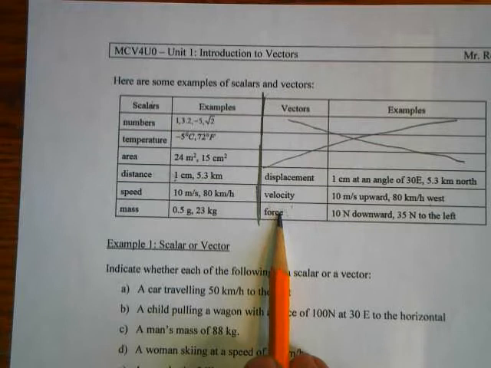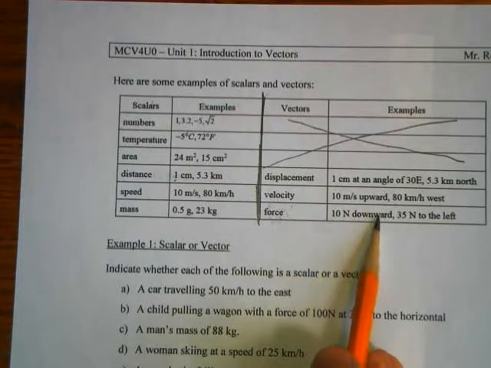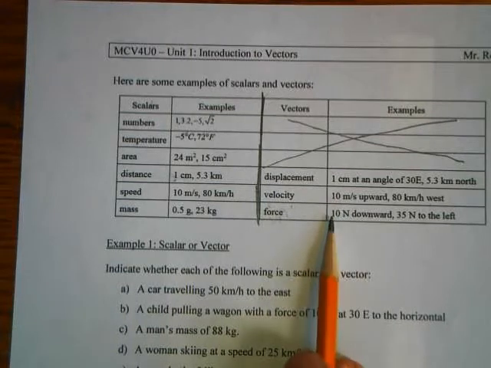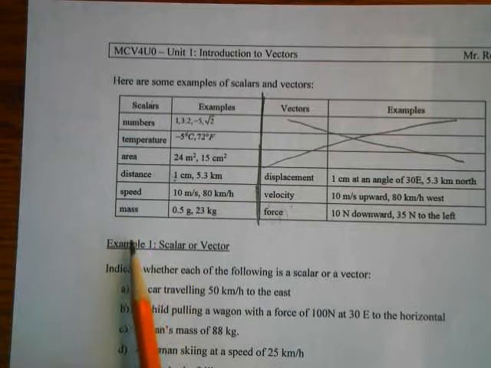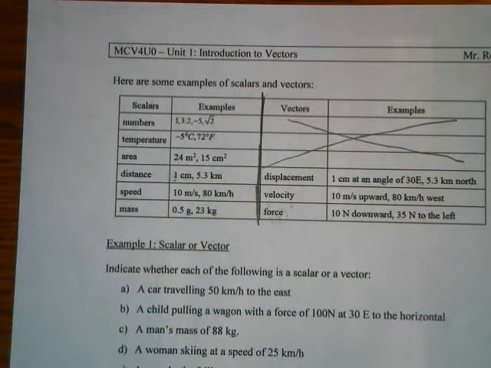Weight is a vector because it implies a direction as well. Like 10 newtons downward or 35 newtons to the left are examples of vectors. So make sure you understand the difference between some of these terms, especially these 6 here. Make sure you know which ones are scalars, which ones are vectors.